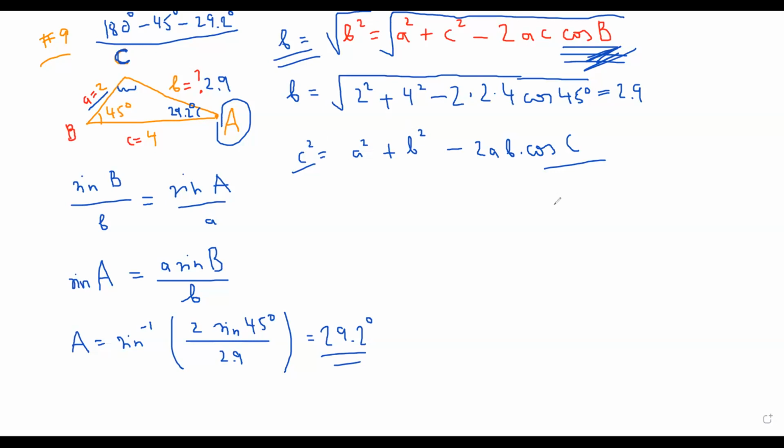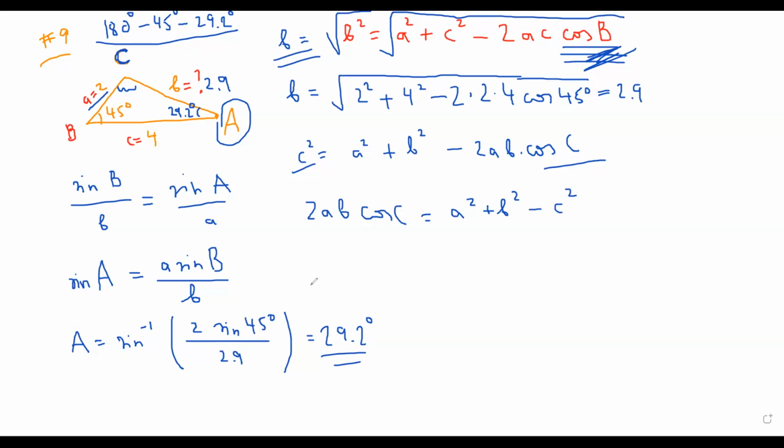So what I'm going to do now is try to pull out the cosine. How can I do this? Well, with a little algebra, you can bring these 2ABs with a cosine of C to the other side and have A squared and B squared minus C squared.